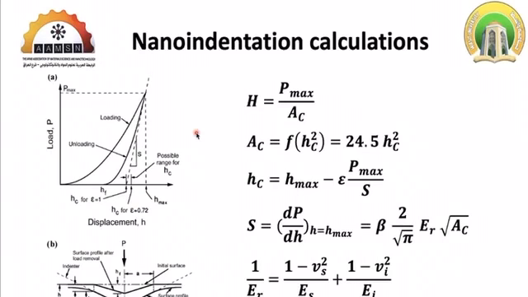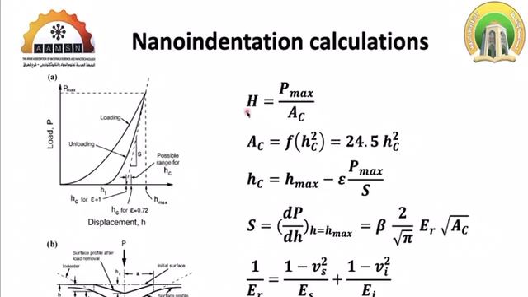S again is the slope of the initial portion of the unloading segment. By getting S, we can get HC, and by getting HC, we can get AC, and by getting AC, we can get hardness. So the first step is getting S, then HC, then AC, then H.